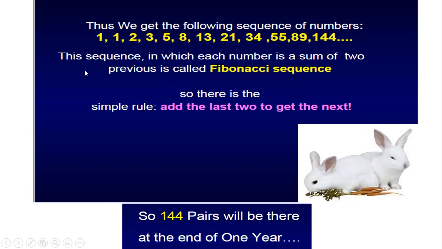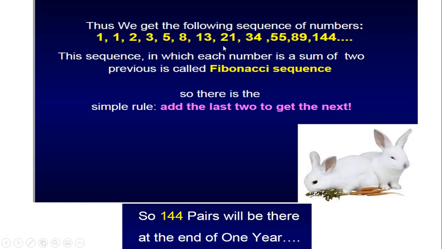This sequence in which each number is the sum of the two previous is called the Fibonacci sequence. If you're going to look at the sequence, 1, and then you add the previous number, 1 plus 1 equals 2. 1 plus 2 equals 3. 2 plus 3 equals 5. 3 plus 5 equals 8, and 5 plus 8 equals 13. 8 plus 13 equals 21. 13 plus 21 equals 34.